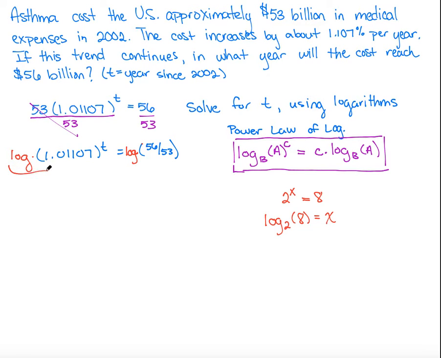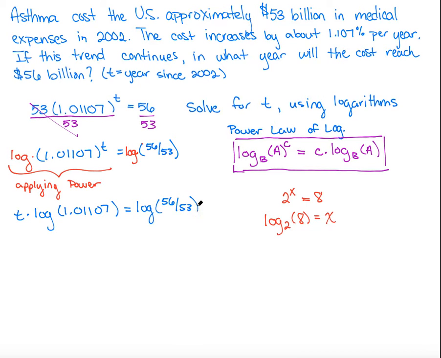So we can rewrite this as t times the log, again base 10, of 1.01107, and that's still equal to the right-hand side, which we'll just bring down: the log of 56 divided by 53.